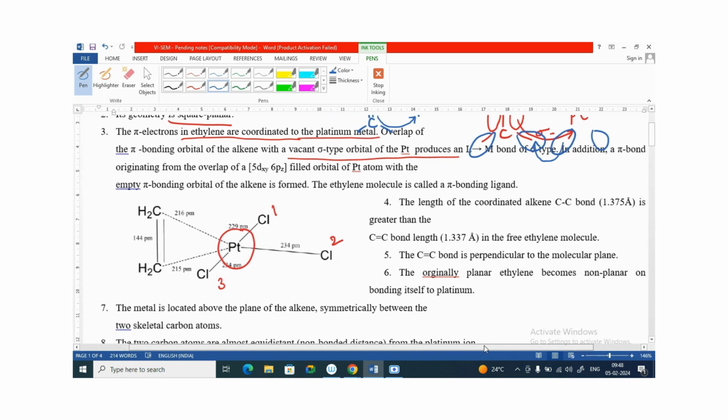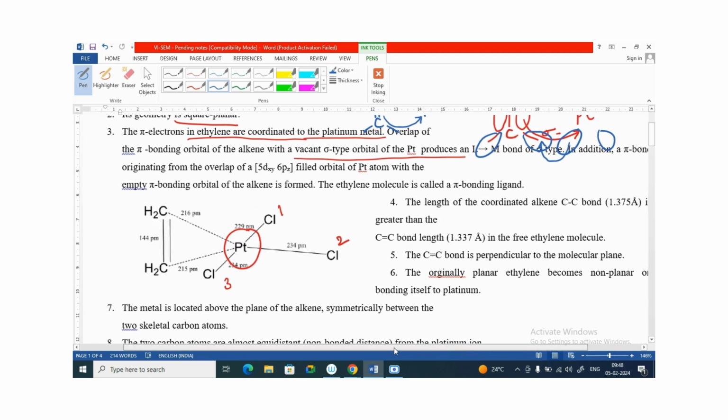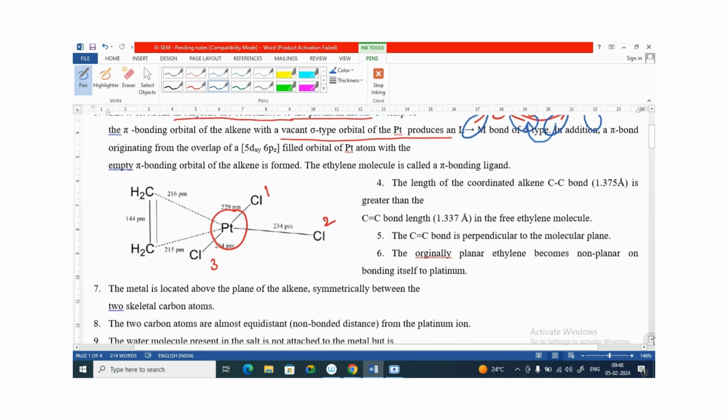It is not surprising because ethylene is planar since the carbons are sp2 hybridized, but when it loses its double bond character, it may simultaneously lose its planarity. Therefore, the ethylene molecule becomes non-planar when it is bonded with the platinum metal atom.